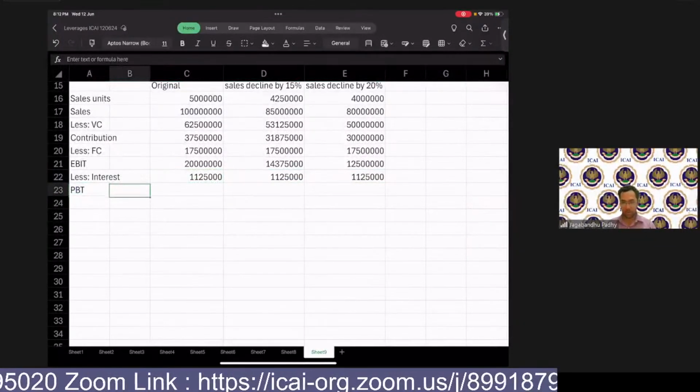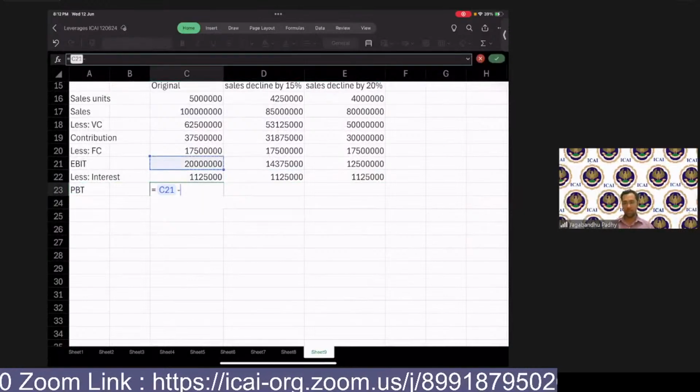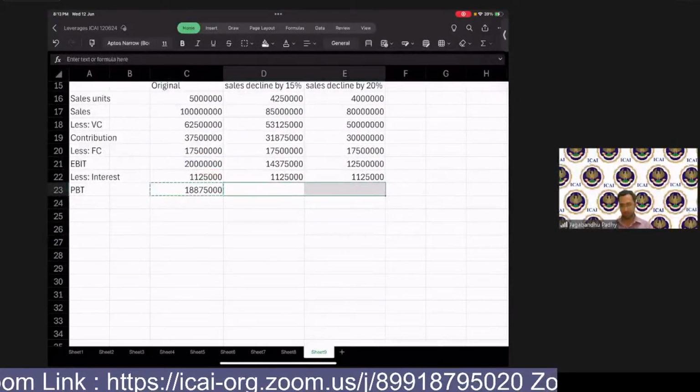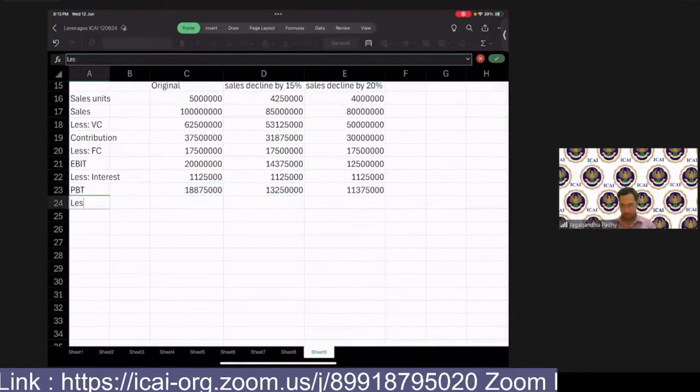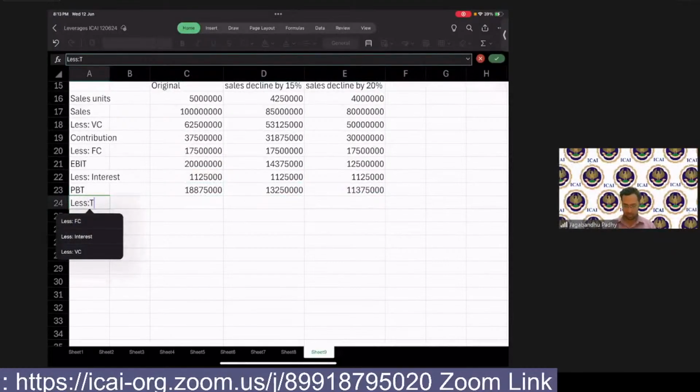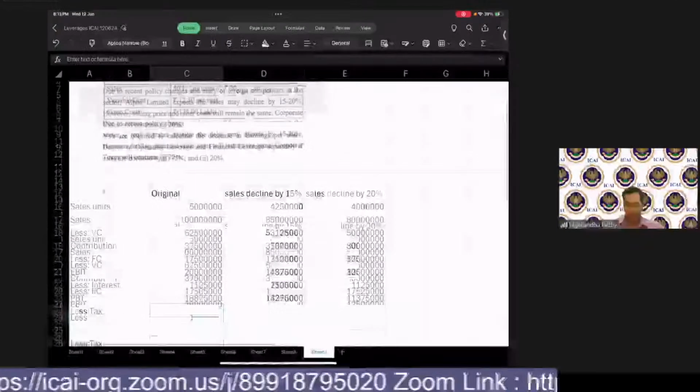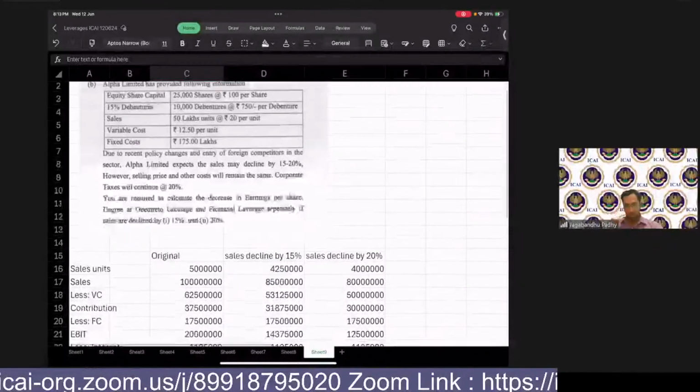We get profit before tax, EBIT minus interest, less tax. Tax is 20%.